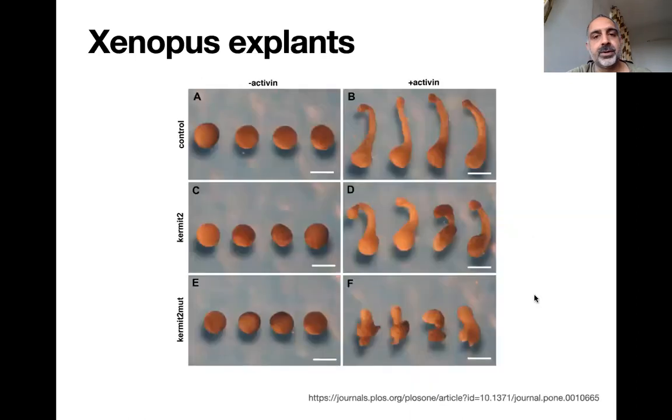You can go further. For example, after about 2 days of culture, the animal cap, the future ectodermal piece, will give rise to just a round ball. But when you add in a growth factor here, activin, you'll start to see elongation.